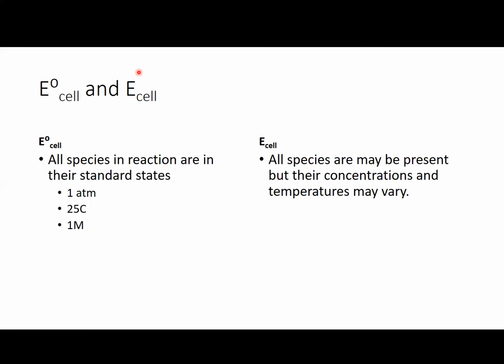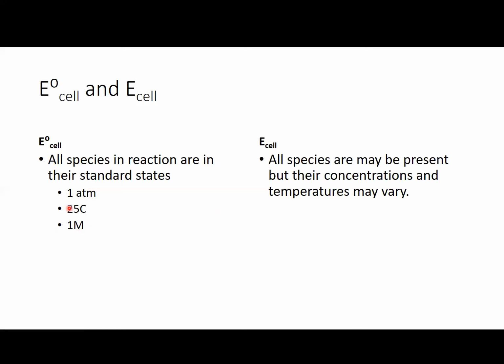All right, so all those standard states. Now in the Ecell, basically all the same species are present, but at least one of these things has changed. Concentrations, temperatures, and pressures may vary. Typically what we're going to deal with are changes in concentration or in pressure, because they tell us about the different numbers of particles present.